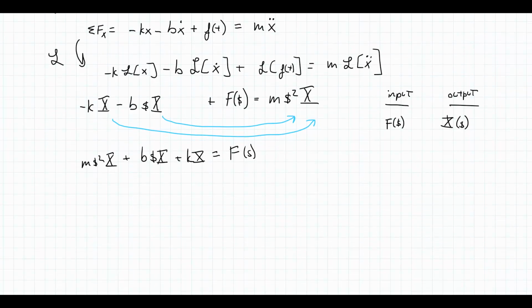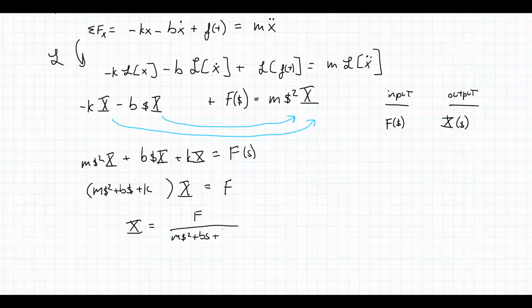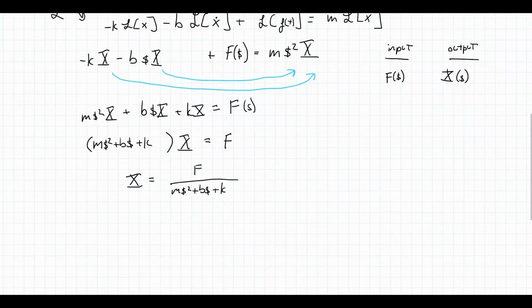I can factor out X from the left-hand side, and I'm left with this ms squared plus bs plus k equals, I'll drop the of s right now, and finally I can isolate my X term, which is going to be my F over ms squared plus bs plus k. And the final step is I actually want the transfer function.